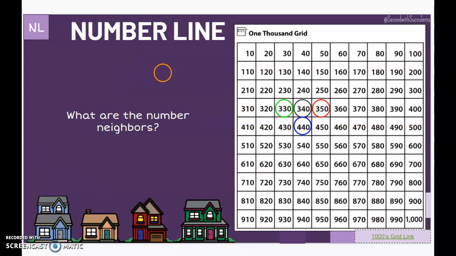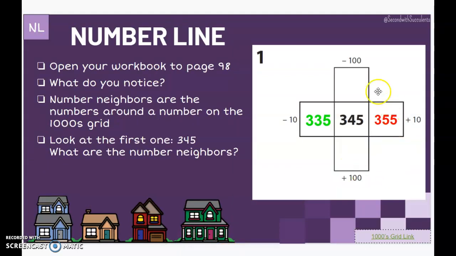So if we are on this page and 345, our number neighbor is plus 100, our number neighbor must be what? 445.